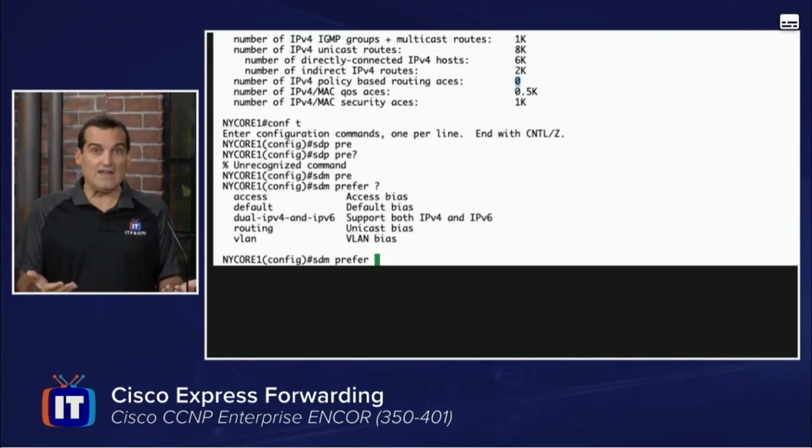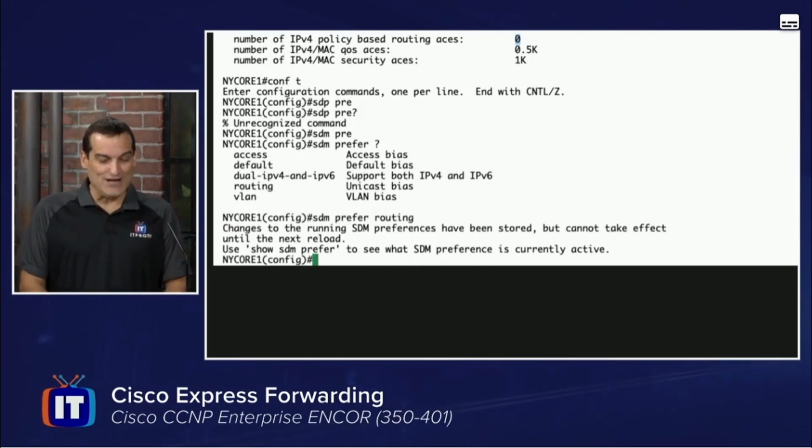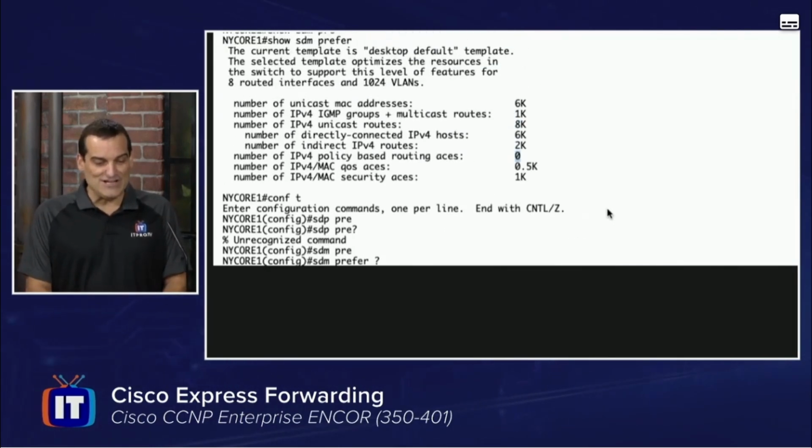It wanted me to go in and do SDM prefer routing. So now what I just did was I told this device, look, how we're using you in our enterprise is to do a bunch of high-speed routing for us. And that is going to change these values in the template.